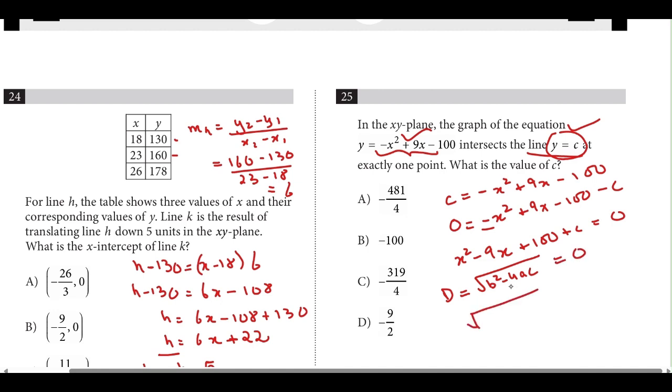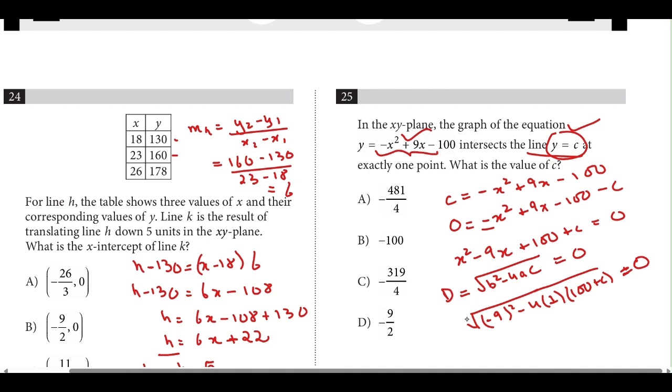So let's put b squared, which is negative 9 squared, minus 4ac. A is just 1. And my c, don't confuse the c with this c. C just means the last third term, which is constant. So I will just write 100 plus c, which should be equal to 0.